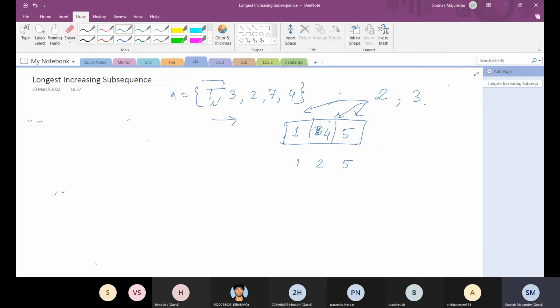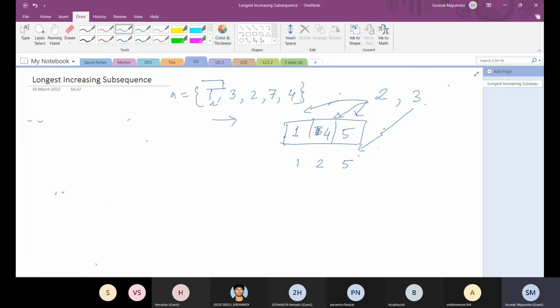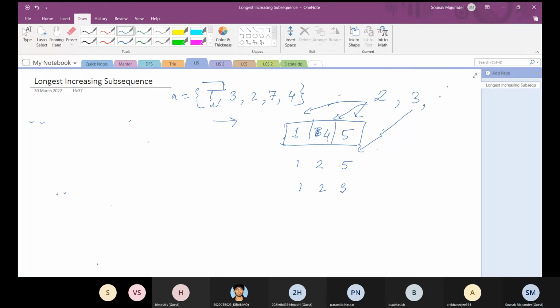If this element had been the same, there was no point in adding it. Now we will be replacing the first element which is greater. So if we put it here, this becomes 1, 2, and 3. And now let's say another element comes up, say 4.